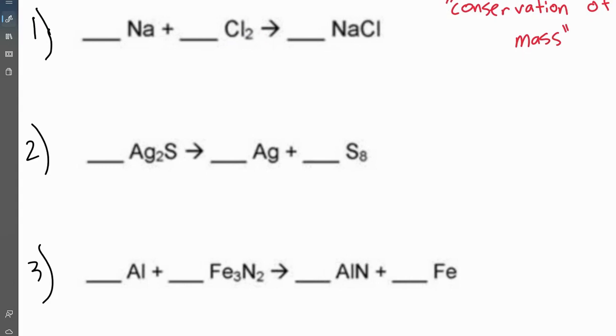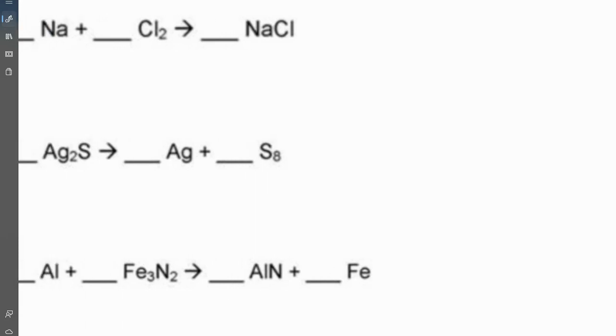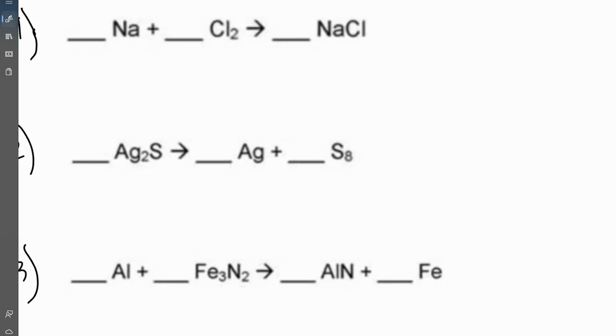The way we do this is it's kind of a little bit like math. What we need to do, and I will walk you through this whole process here, is just look through the reaction. The first thing that we'll do, and we're on this number 1 right now, is just label all the elements that there are. The first element we run across is sodium, Na.